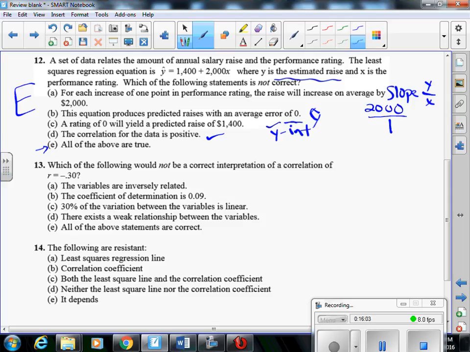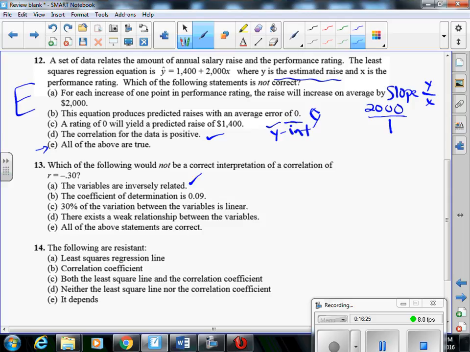I'm glad I was able to get through that so that you guys could see the thought process. Okay, so 13. Which of the following would not be a correct interpretation of the correlation of r equals negative 0.3? A, the variables are inversely related.